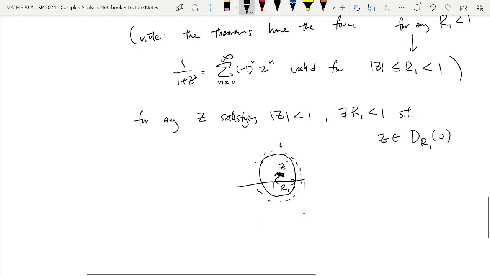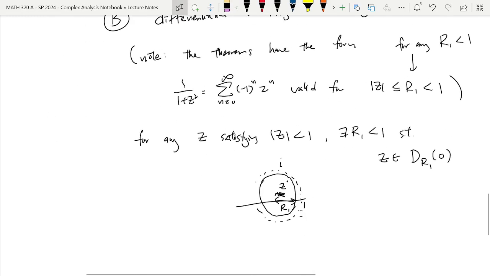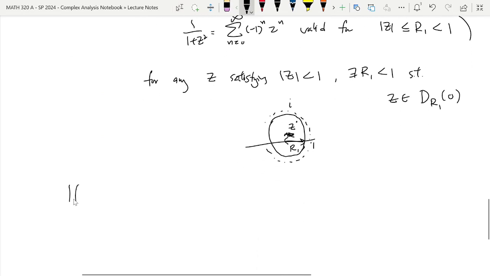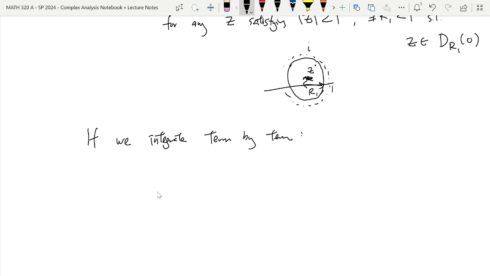And so in terms of algebra, if we integrate term by term, then starting from 1 over 1 plus u squared, with u temporary, and then the summation of negative 1 raised to the power n, and then u to the power 2n. Sorry, I made a big mistake here. This should be u.